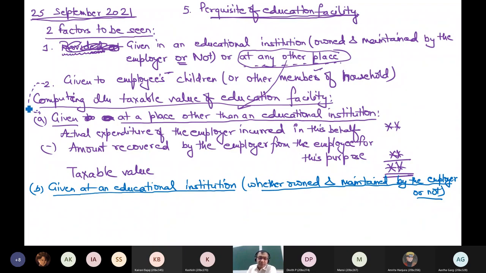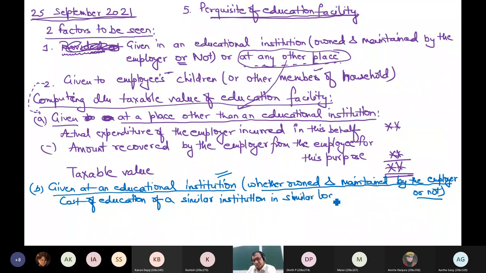The rule says whenever it is provided in an institution, check the cost of education of a similar institution in a similar locality. This is your saving.